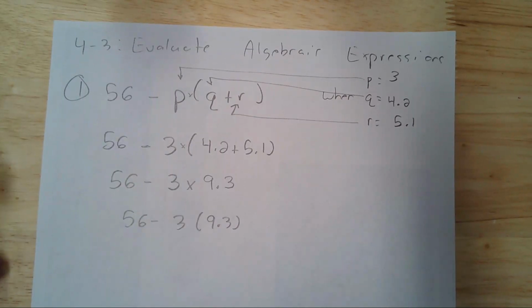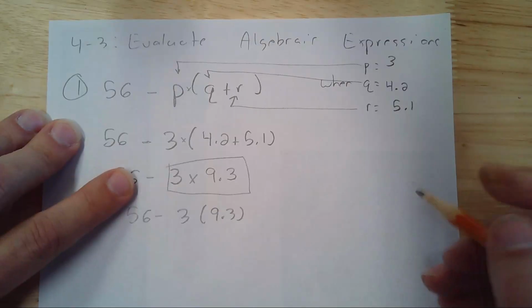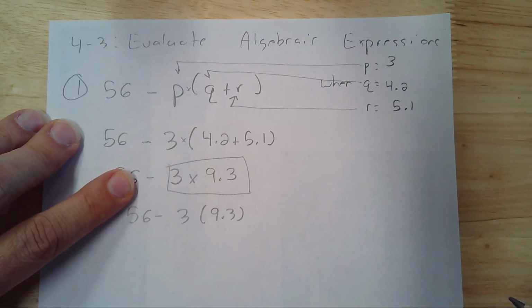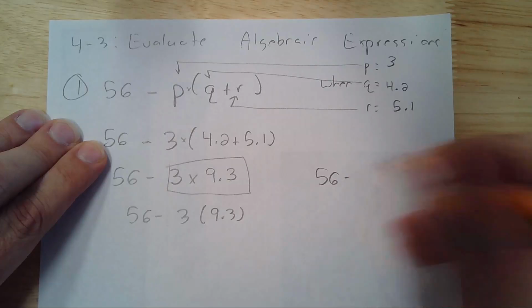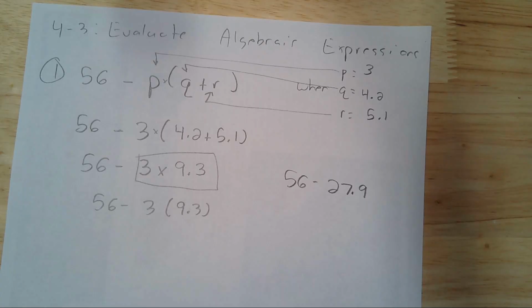What do I do next? Right, always do multiply before subtract. What's 9 and 3/10 times 3? 27 and 9/10. So now I'm left with 56 minus 27 and 9/10.